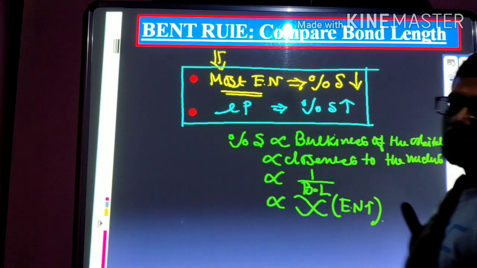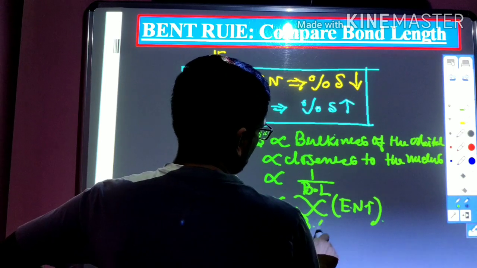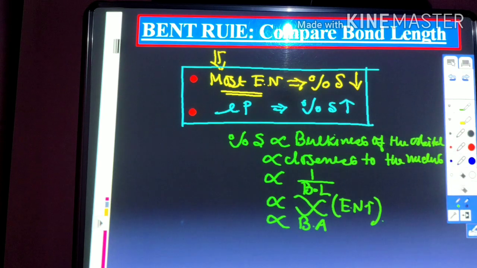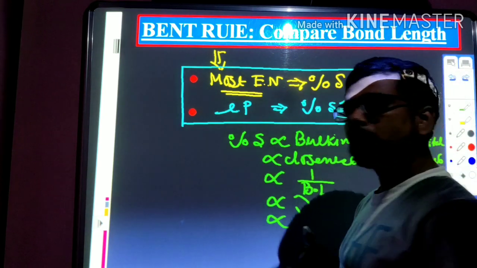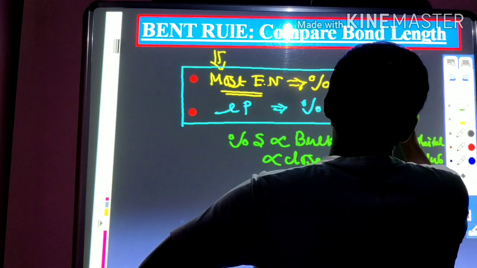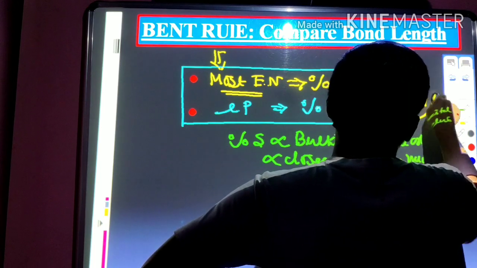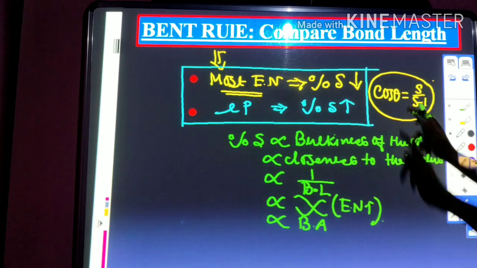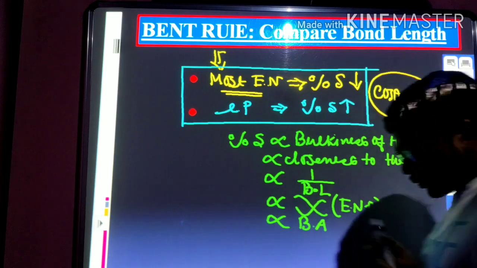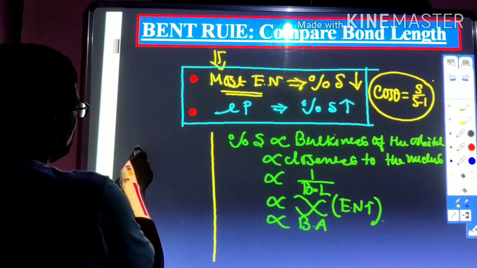And one more thing, the percentage of s character is directly proportional to bond angle, meaning as bond angle increases, the percentage of s character increases. There is one formula: cos theta is equal to s divided by s minus 1. If theta increases, the percentage of s character increases. So if you are confused about theta and the percentage of s character, it will go like this.